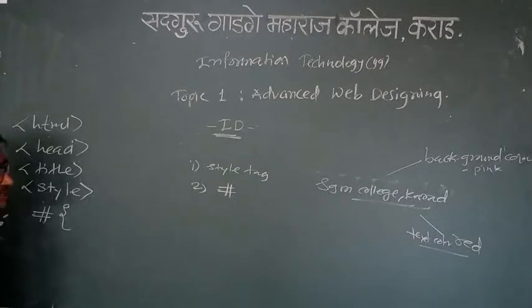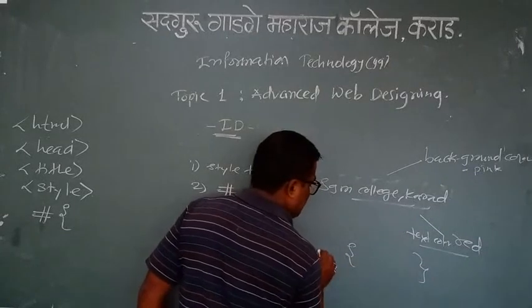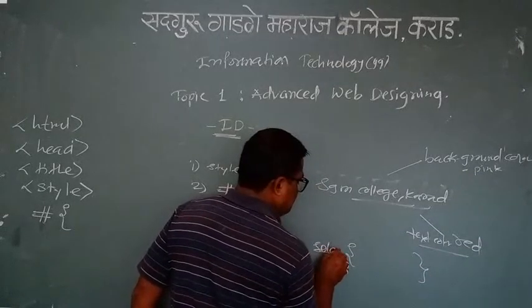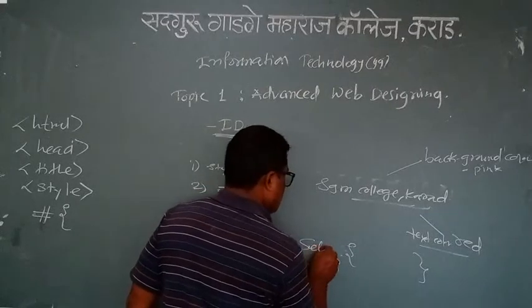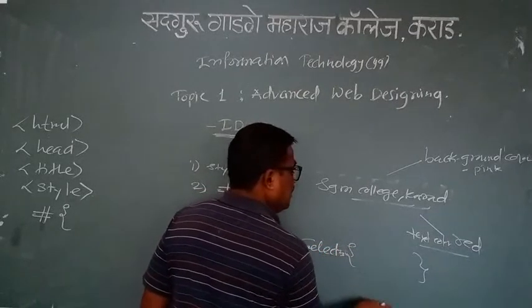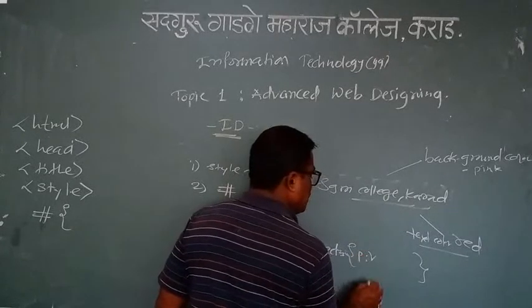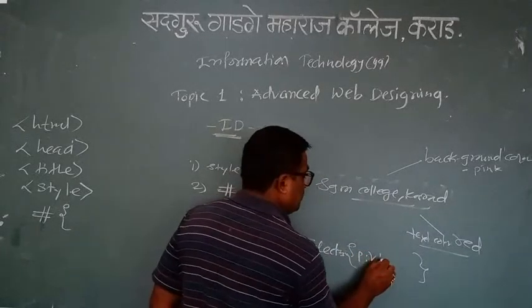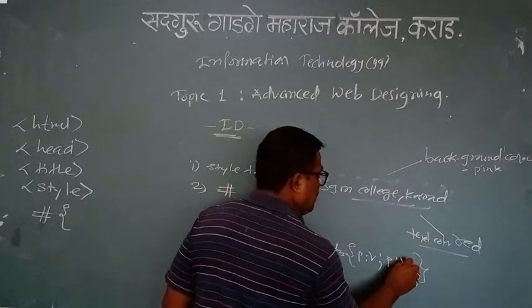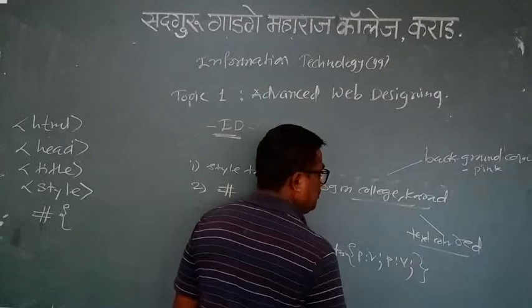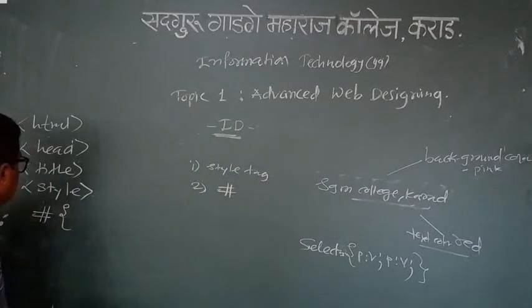What is the syntax of the CSS? The selector name, and then property and values, which are separated by a colon and end with a semicolon.